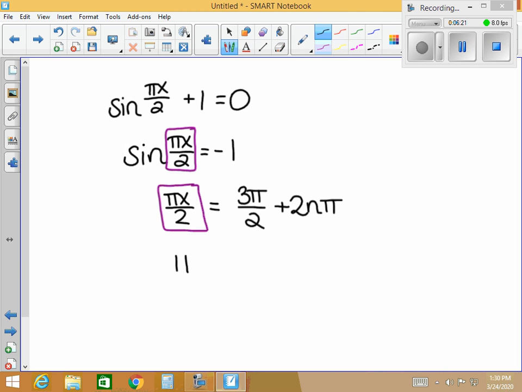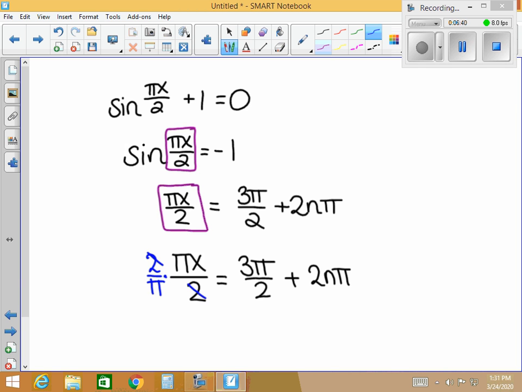I'm going to rewrite that down here because there's not a whole lot of extra room to scribble without being in the way of what I've already written. If I need to solve pi x over 2 for x, I'm going to have to multiply both sides by 2 and divide by pi. Whether I do that all at once or in 2 separate steps, I'm going to multiply by 2 and divide by pi.